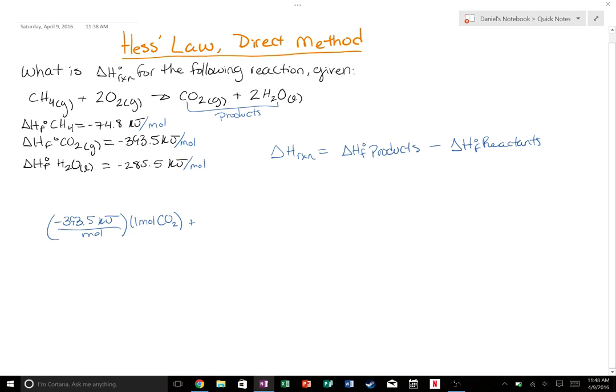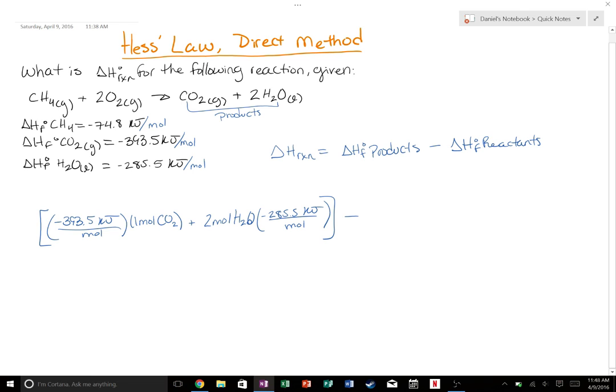And that's going to be added to 2 moles of water, right? So 2 moles of H2O multiplied by the heat of formation of water. So negative 285.5 kilojoules per mole, right? And let's go and put that in brackets.